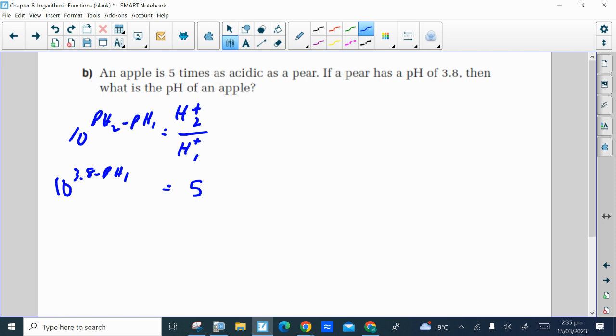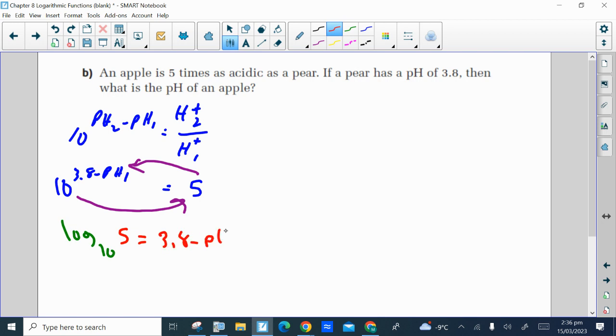We'll find out by converting this from exponential to logarithmic. This exponential function has a base of 10, so when you write it as a log, it'll be base 10. Remember, starting with the base and cycling through tells you what order the other pieces are in. So after the base 10, the next thing is the 5, and after that, the last piece, which is 3.8 minus pH 1.